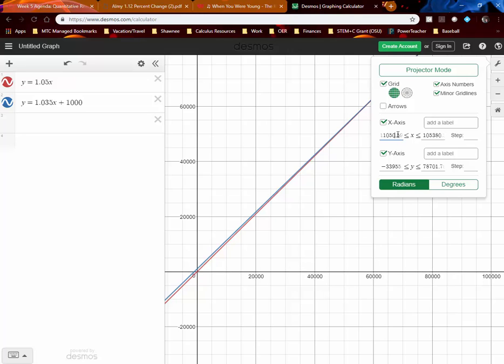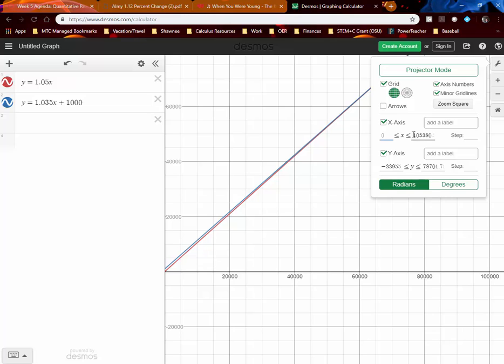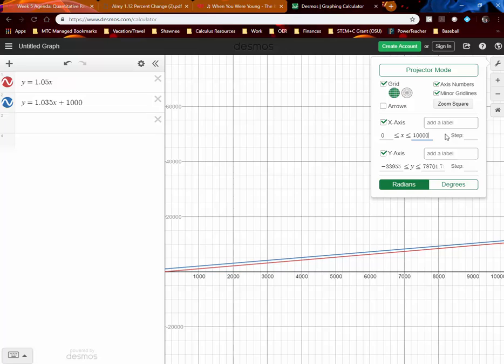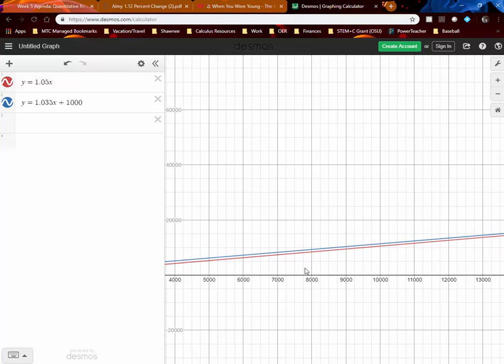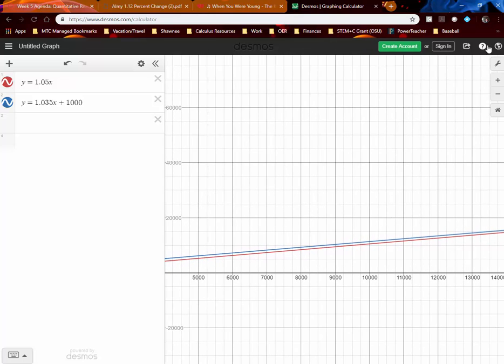With the x, maybe let's go 0 to 10,000, maybe going by 1,000 each time. And then the y-axis, well, hang on.